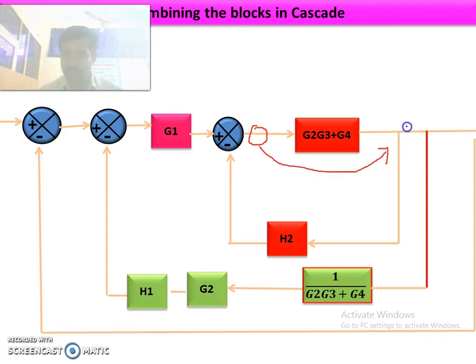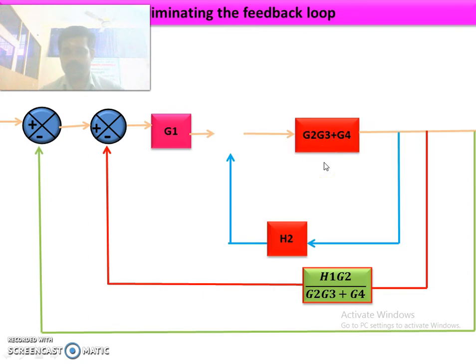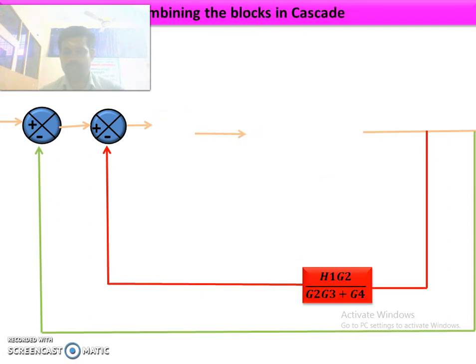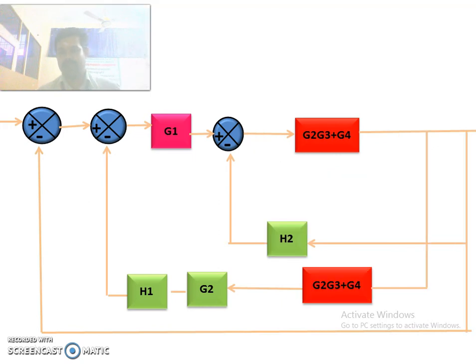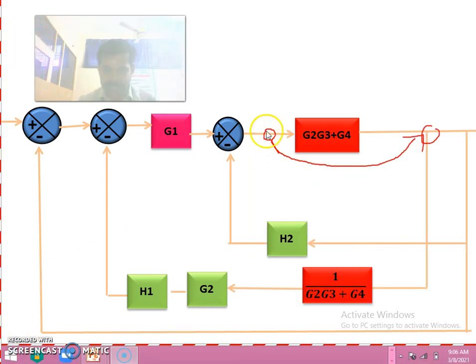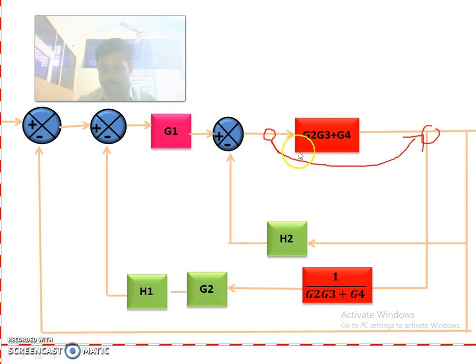So we have moved the branch point after this block. So initially we have taken it from this point, but now what we have done, we have moved this branch point after this block. So what we have to do means, initially the branch point is here. So after that we have changed the branch point from this point to here.